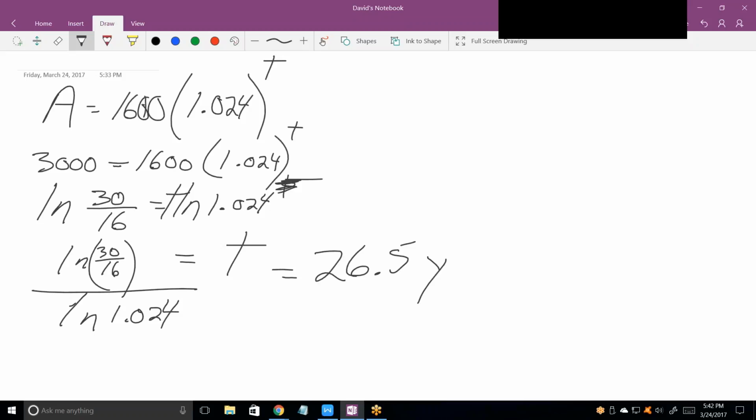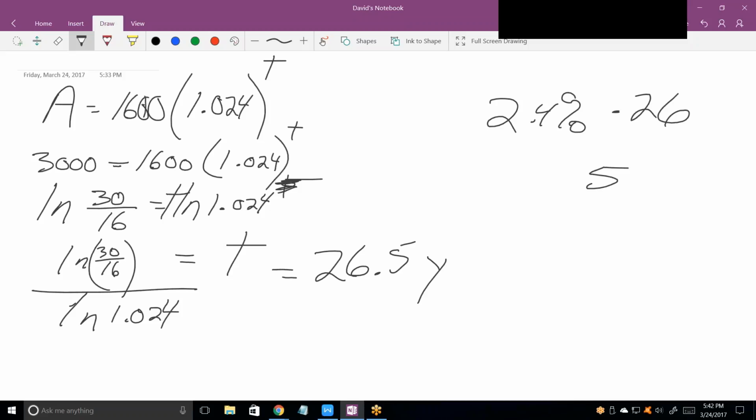If you're only growing at 2.4% per year, and the question is how long it's going to take to double, well, 26 years, even if it wasn't compounded, it would be close. And compounding always makes it bigger. My quick and dirty check would be 2.4% times 26 years. What does that give you?